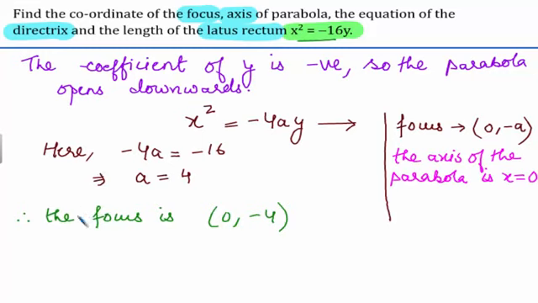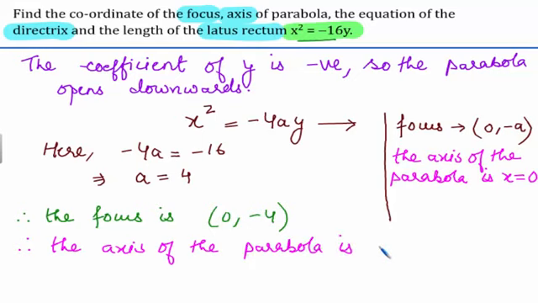And since it is symmetric along the y-axis, therefore, the axis of the parabola is x is equal to 0 for both the parabolas, for the general form also and for the given equation.